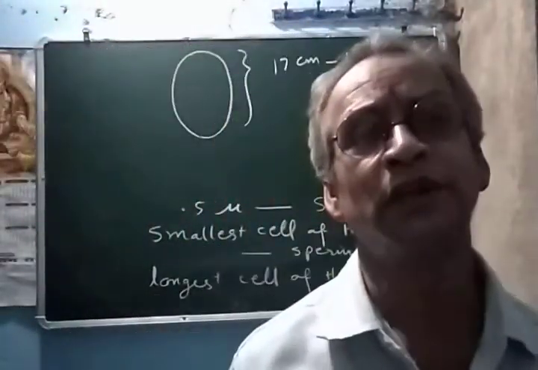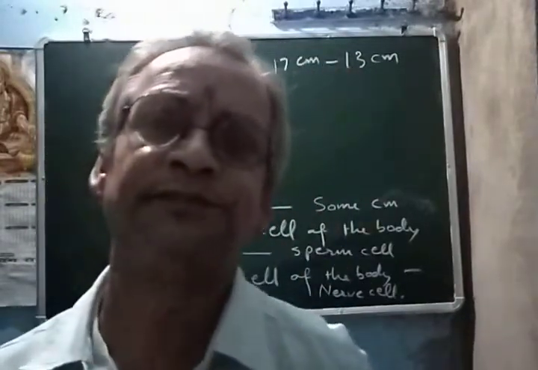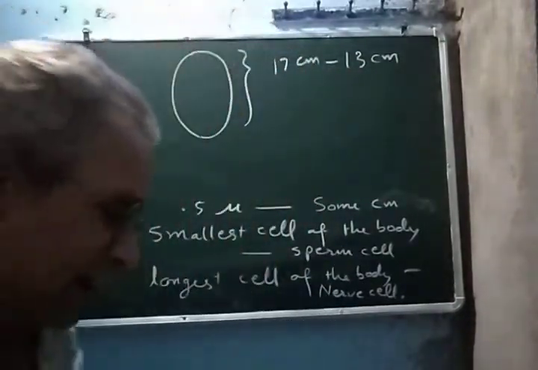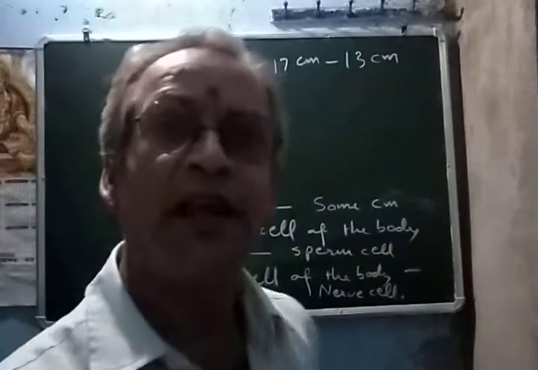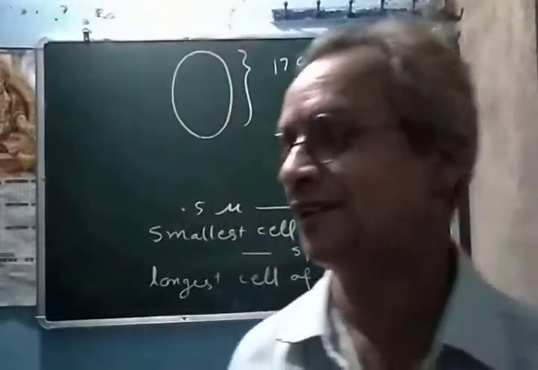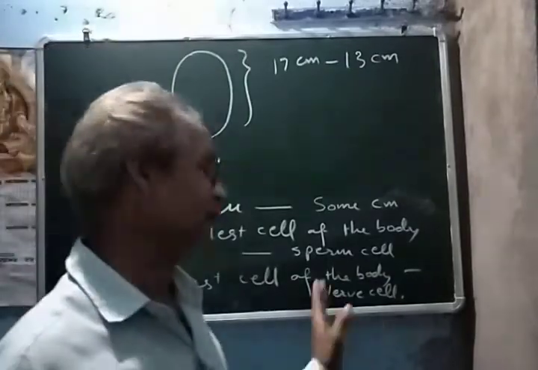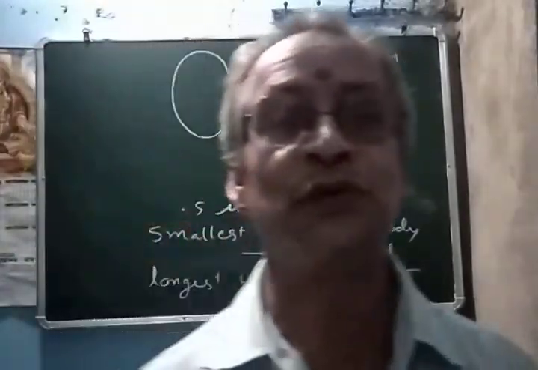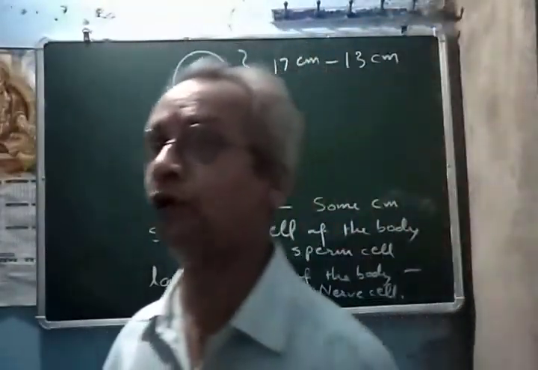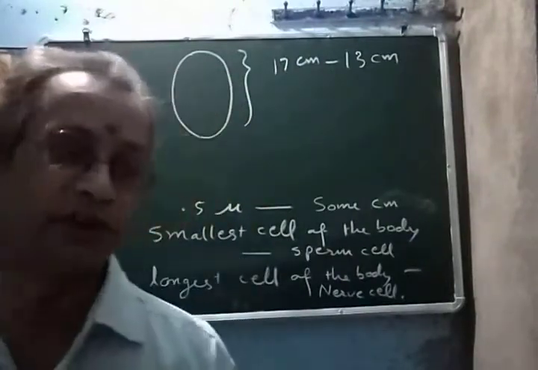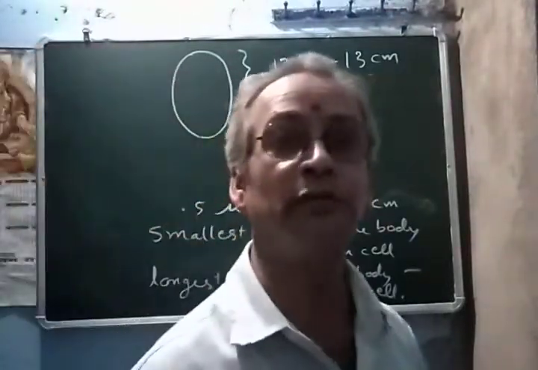And the longest cell of our body is the nerve cell, which may be of 100 centimeters or up to 1 meter.